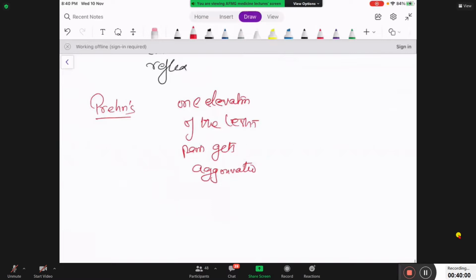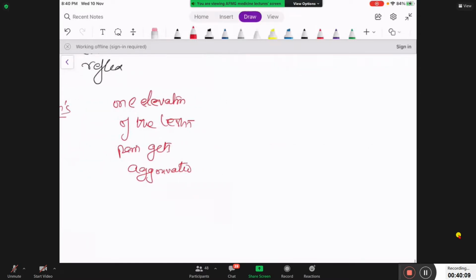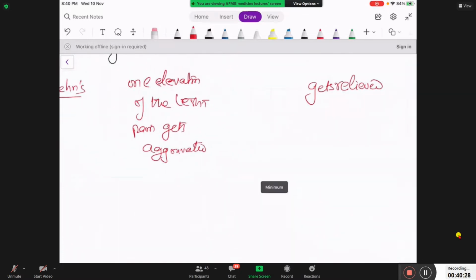While in case of epididymo-orchitis, pain on elevation of the testis gets relieved. So if these things are there, you can make out whether you are dealing with torsion or epididymo-orchitis.